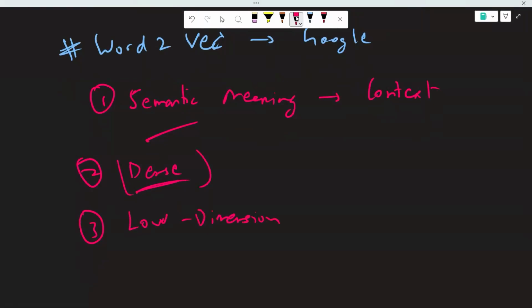Instead of having, let's say, 1 million words as columns, you probably have around 200, 300, or 500. This is still fine compared to what you would have with a count vectorizer. So if it's low dimension, it won't suffer from the curse of dimensionality, and storage-wise and processing-wise it will be faster.